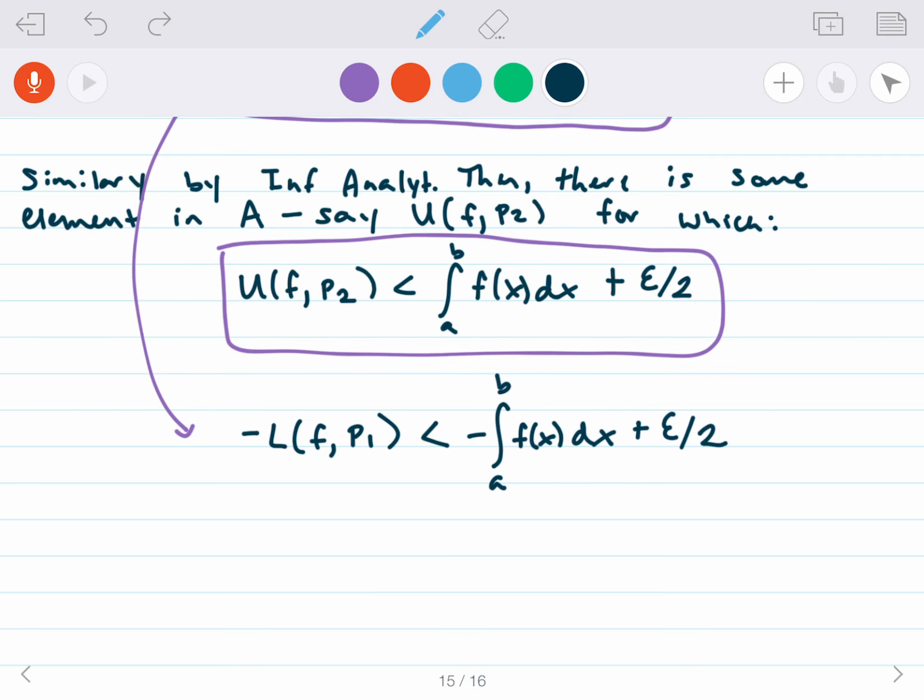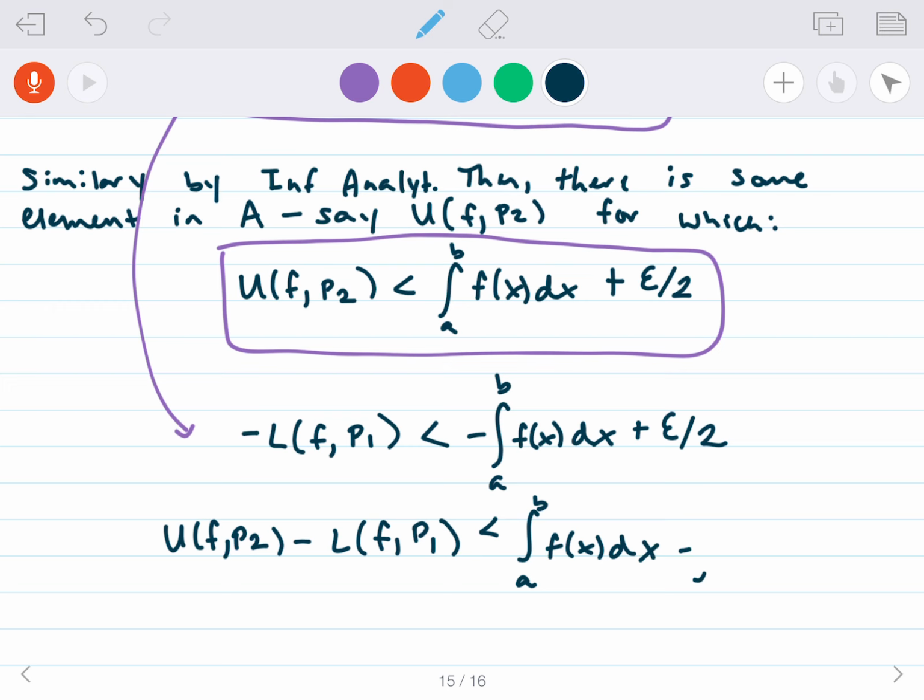And so what we're going to get is U of f,P2 minus L of f,P1 is going to be less than the integral from a to b of f of x dx minus the integral from a to b of f of x dx. Oh, I forgot my plus epsilon over 2 after that guy.